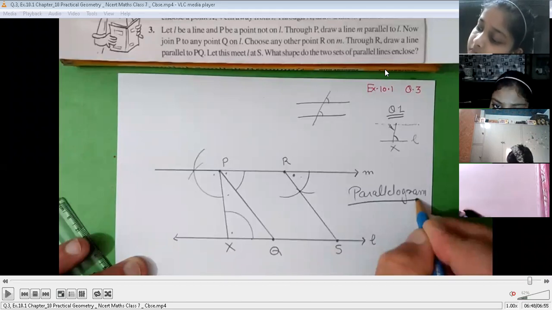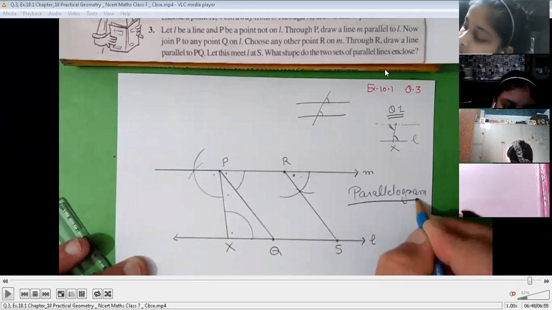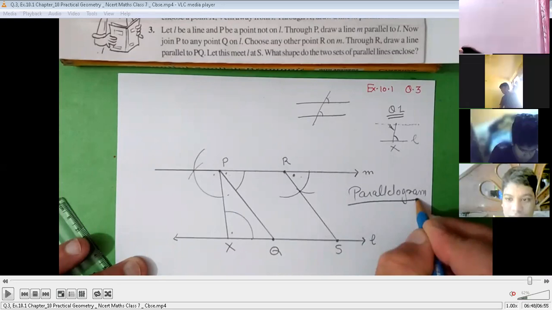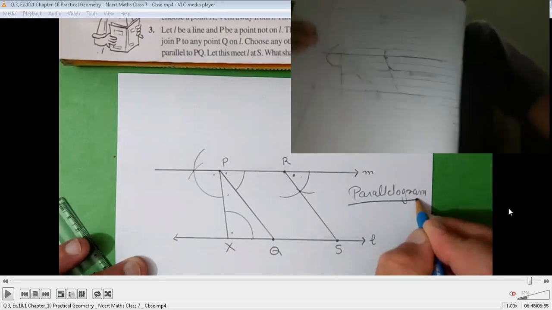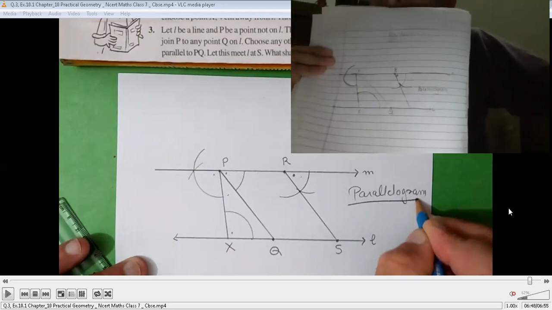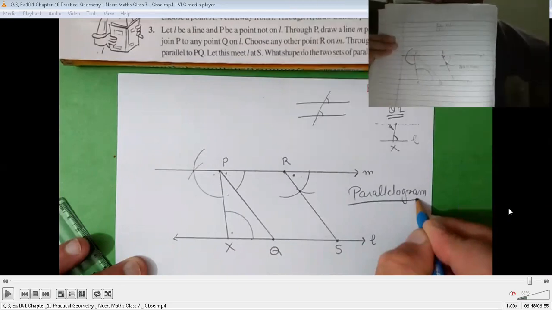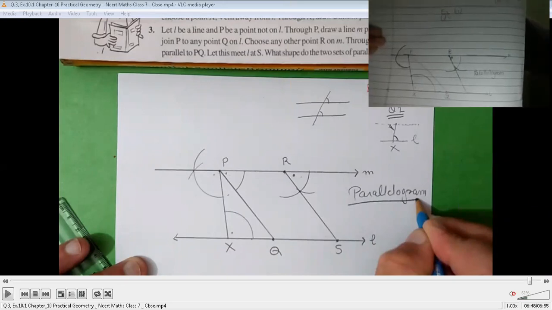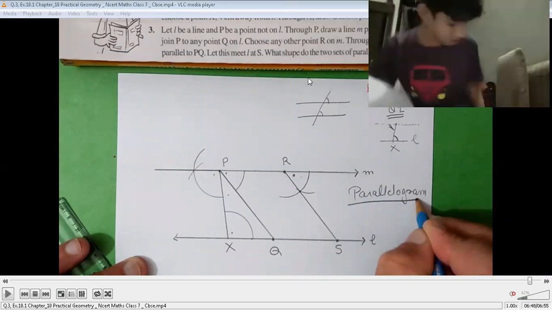Such that it meets L at S. When your diagram is drawn, you have drawn the second angle with your hand, not with the compass.